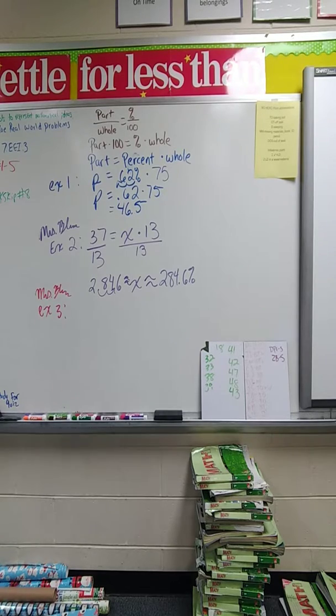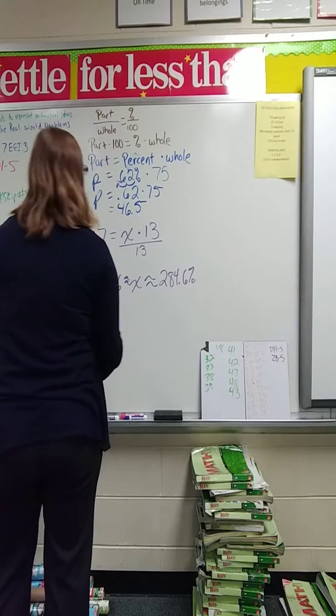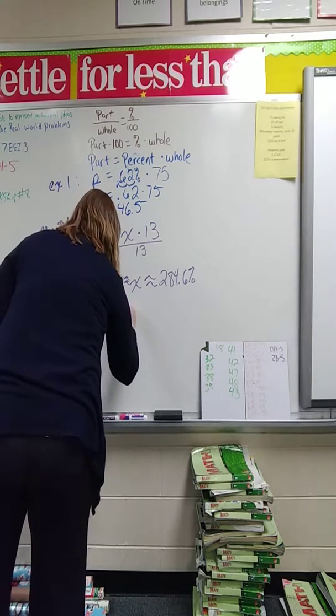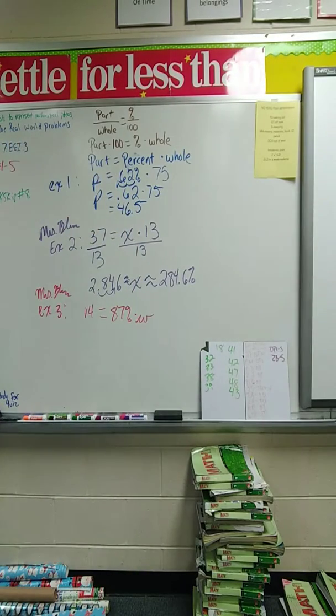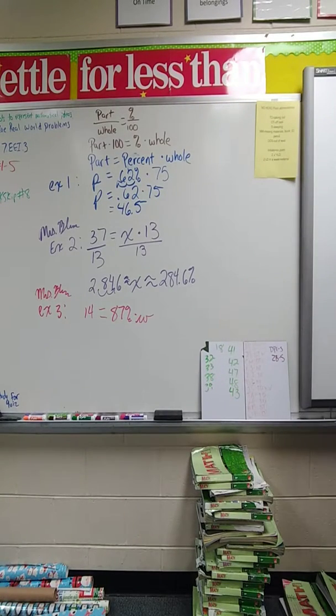Which part? 14. What is my percent? 87. 87 of what number? 40. W. Okay. 14 is 87% of what? That is W.